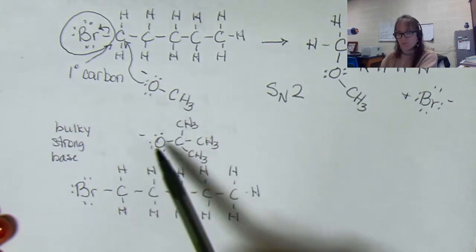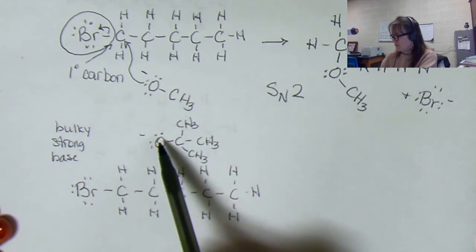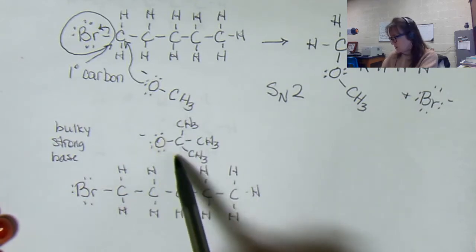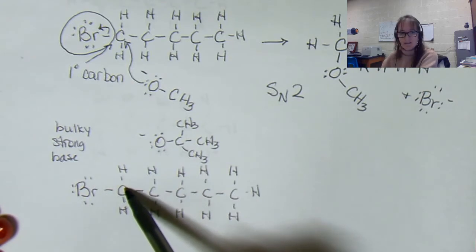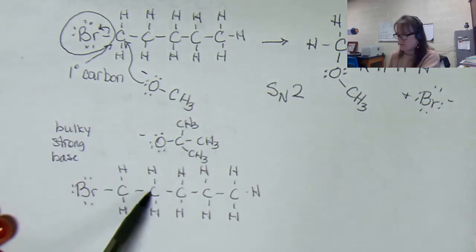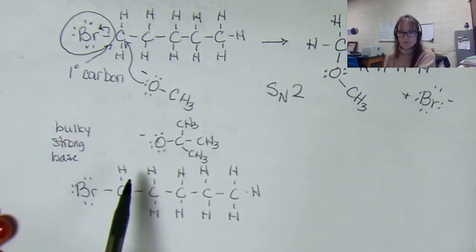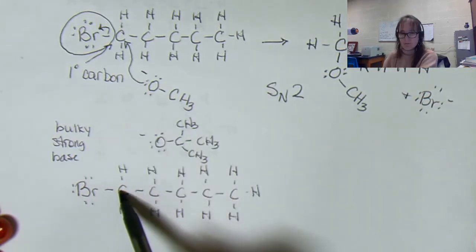And when this happens, this oxygen that has all these carbons attached to it is going to have a hard time getting access to this carbon because this carbon is tetrahedral and it's next to another tetrahedral and there's a lot of atoms in the way. And so it cannot get to this carbon very easily.